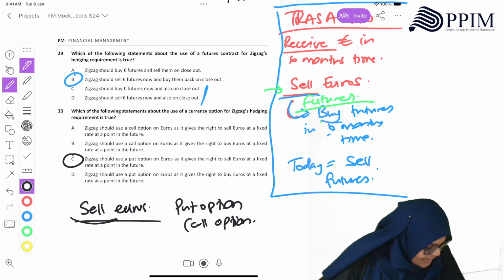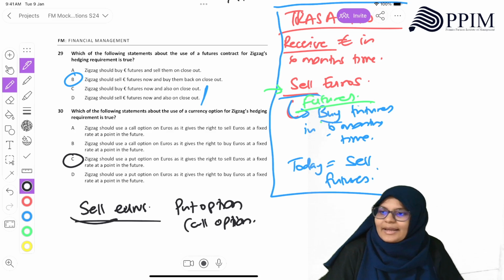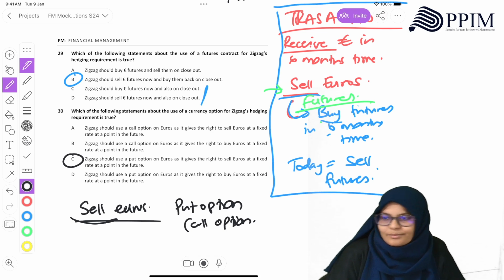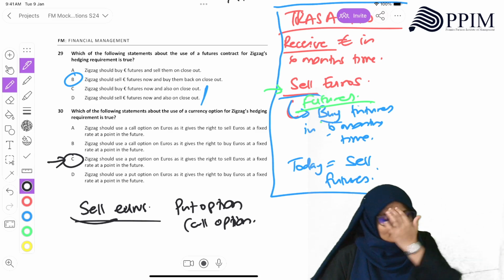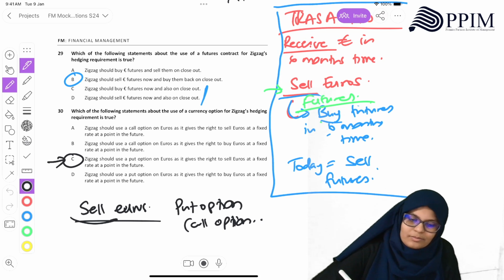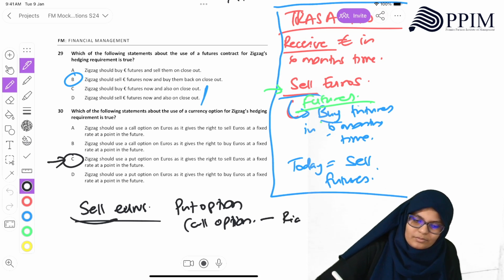I'll read the D part as well. Zigzag should use a put option on euros and it gives the right to buy euros. That's wrong, right? It's not the right to buy. A put option is the right to sell. So the correct answer there will be C. Call is the right to buy.